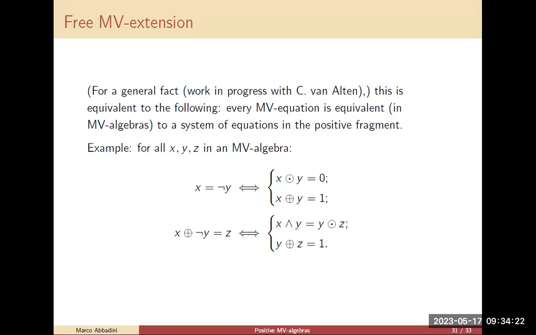So, for example, this simple equation, x equals not y, is equivalent to this other system of equations where I don't use the negation. Here is a slightly more complicated one, which I can rewrite in a way that I don't use negation. And this is equivalent to the property from before.